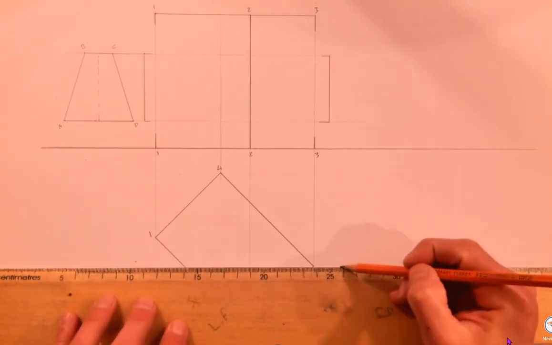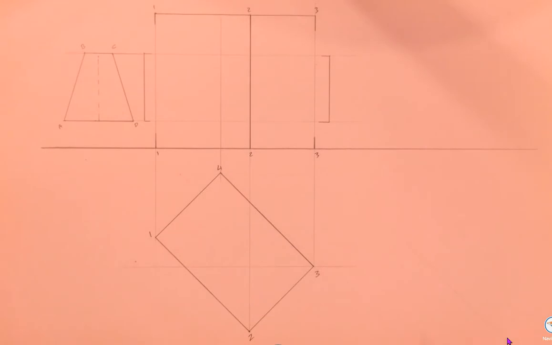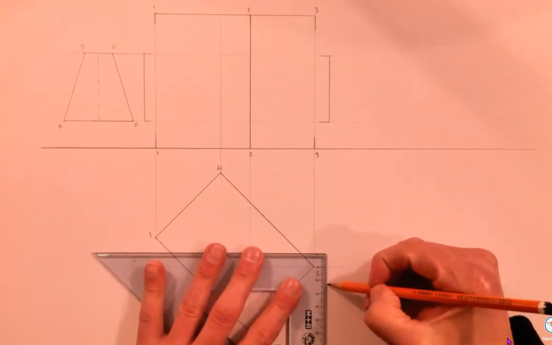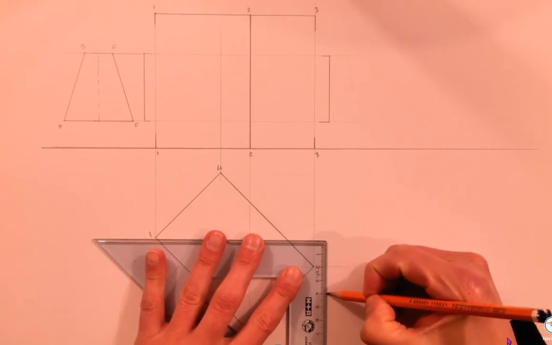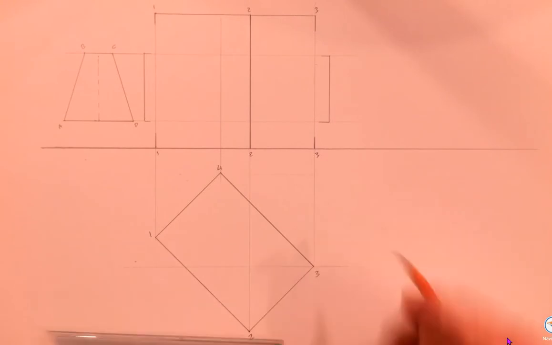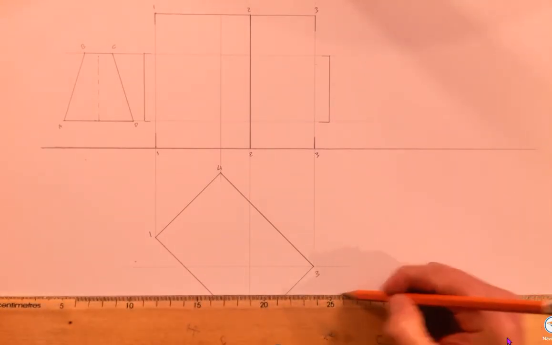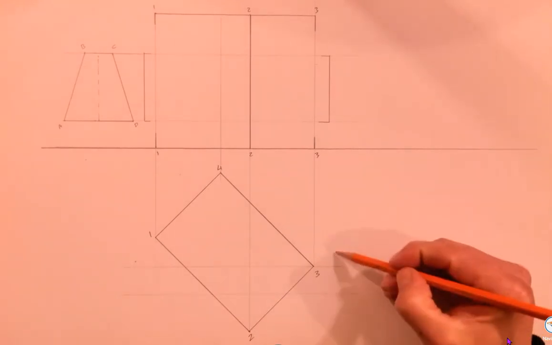So again, it passes through corner 3. The top surface of it is 20 mil. So here's our top surface drawn in. And overall it was 50.